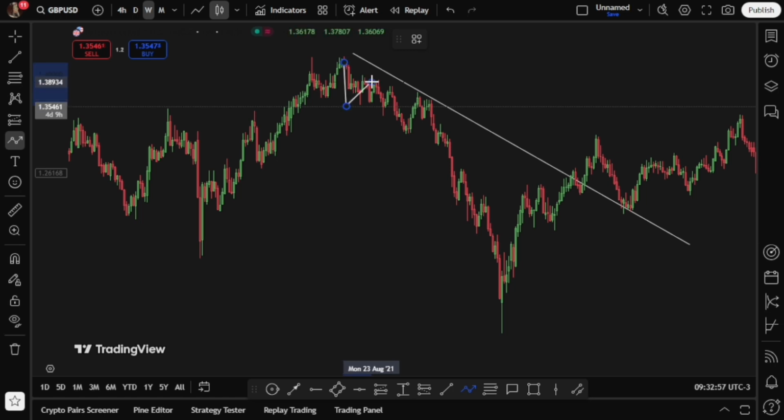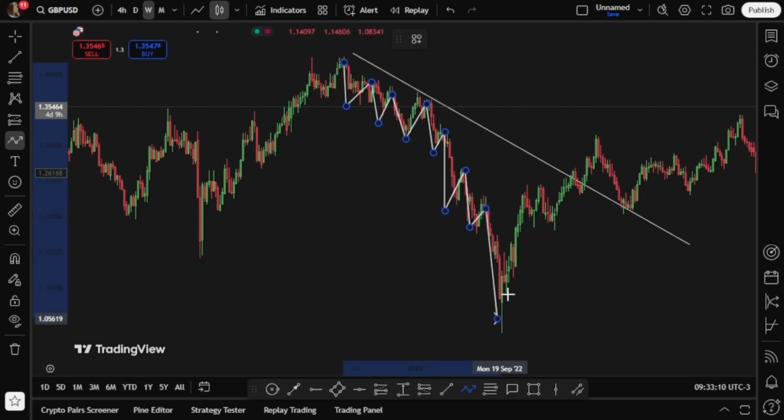We have this lower high, this lower low, lower high, lower low, lower high, lower low, lower high, lower low, but price could not break to create a new lower low. Rather, price broke above the previous lower high to give you, guys, what?